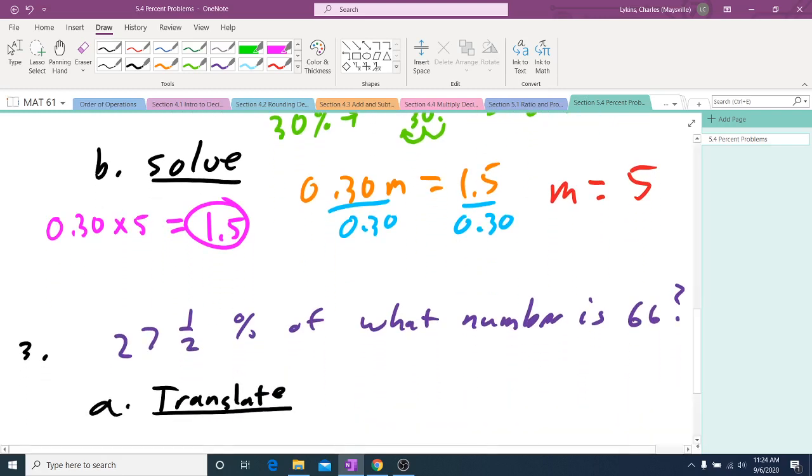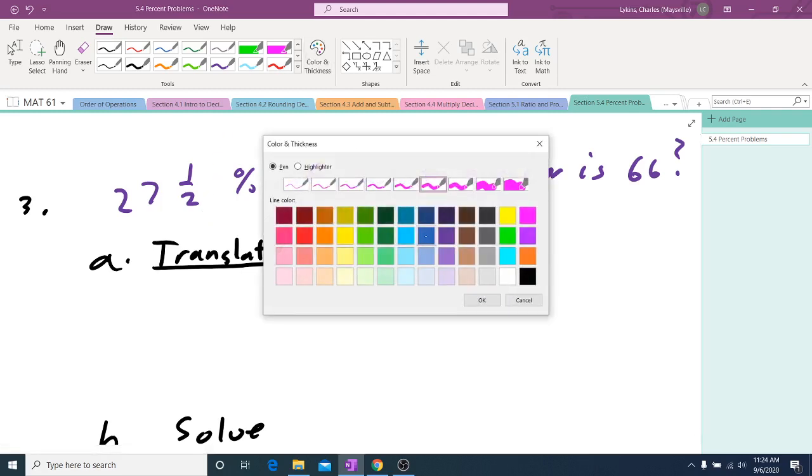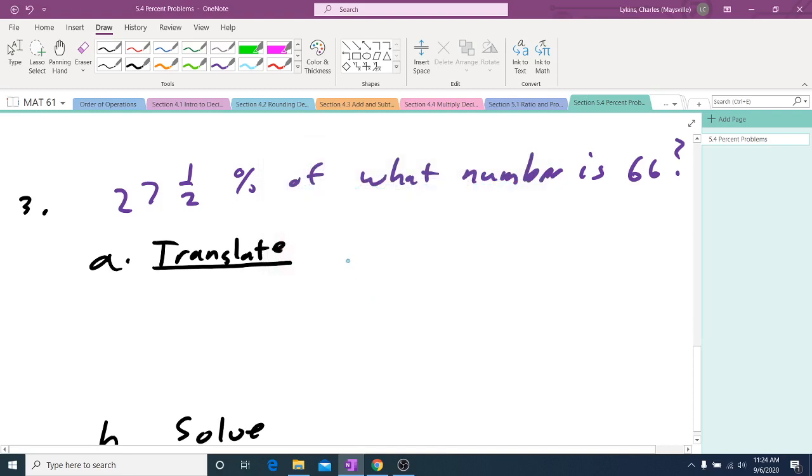Okay, finally, we'll have 27.5% of what number is 66. So I'm going to go ahead and make this into a decimal.